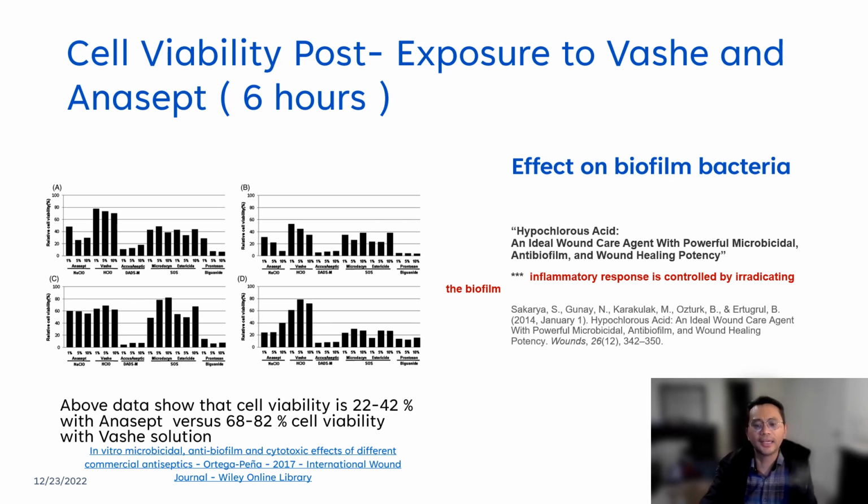So when you reduce the amount of biofilm, or eradicate it by using an effective and efficient solution like the Vashe used in this study, you would decrease the inflammatory response that is usually found in a chronic wound that is stuck in a chronic inflammatory phase of healing.